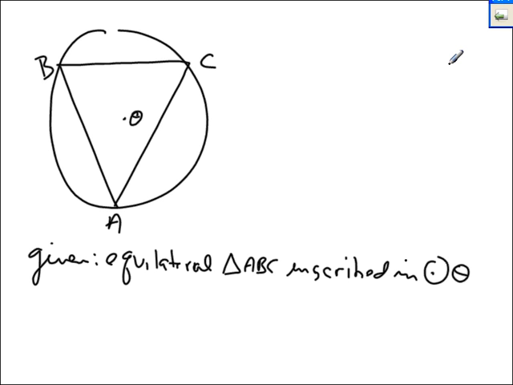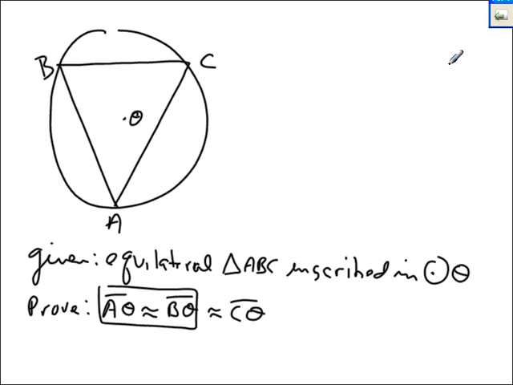What you want to prove is that AO is congruent to BO, which is congruent to CO. Now, just due to symmetry, if you just show those two, then just rotate the triangle and you get that BO is congruent to CO.